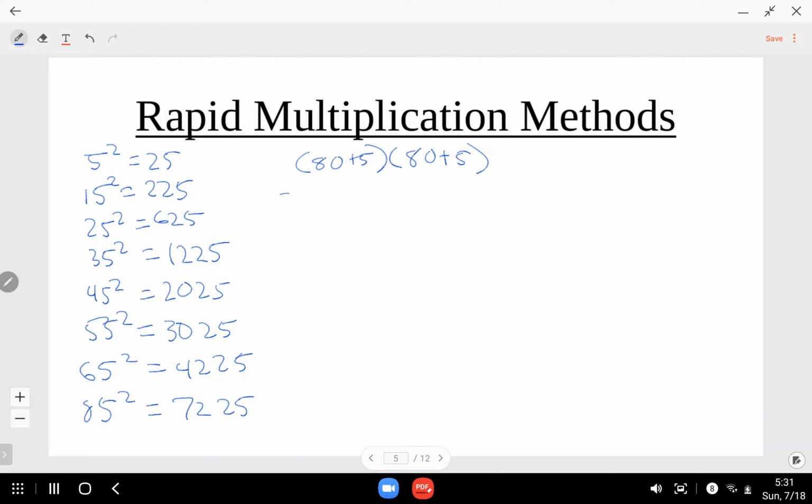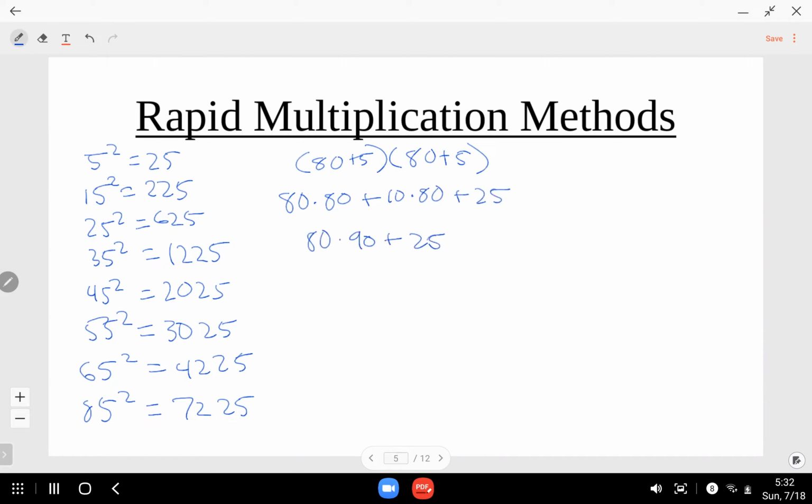Actually, let's write it this way: 80 times 80, plus 5 times 80, plus another 5 times 80, that's 10 times 80, plus 25. So basically this is 80 times 90 plus 25.